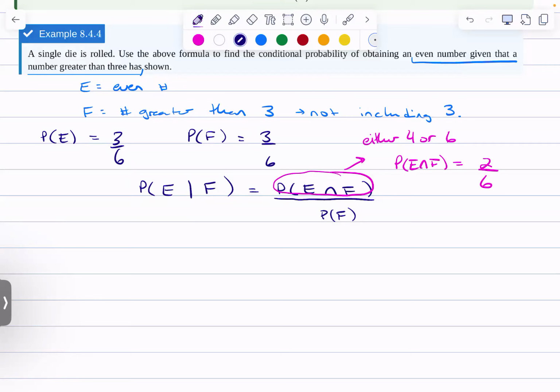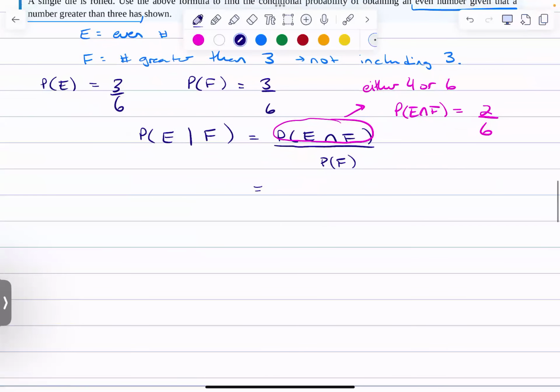Now you can use your calculator, right? 2 over 6 is 1 over 3, 0.3333. You don't need to use the fractions, but I'm going to use the fractions just to show you that they'll cancel. And that's always going to be the case because they have the same denominator. So we have 2 over 6 divided by the probability of F, which was 3 over 6.